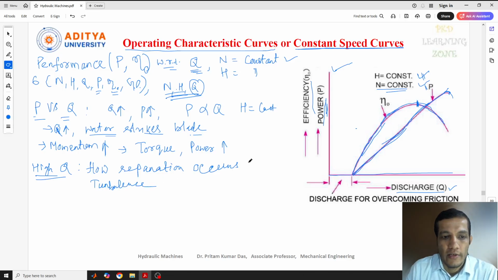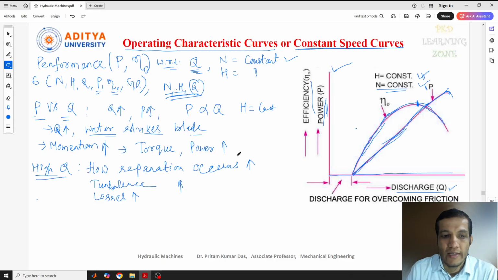Flow separation occurs and turbulence increases at this point at high discharge, and that's why we can say some losses increase. What kind of losses? Either a mechanical loss or a hydraulic loss.